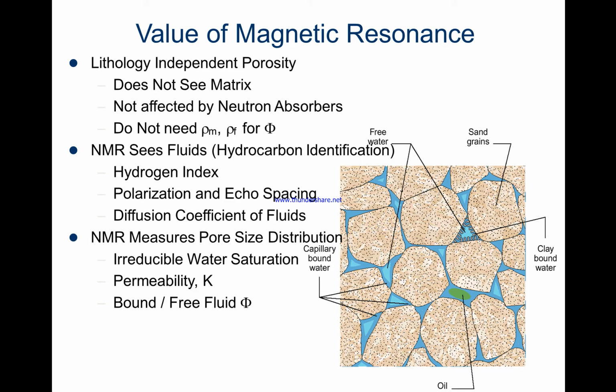We can get the irreducible water saturation, we can get pore size distributions, we get the free fluids and bound fluids and viscosity, and we can also get clay bound water and the clay volume as well. All these kinds of applications can come out of NMR tools.